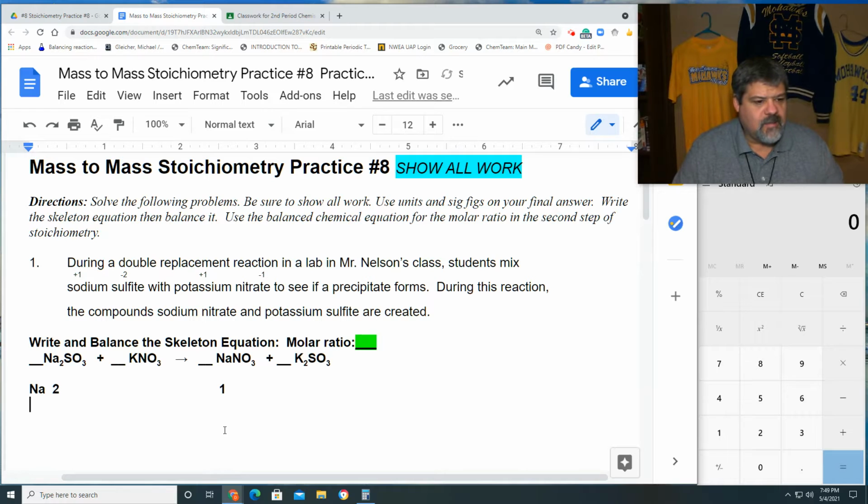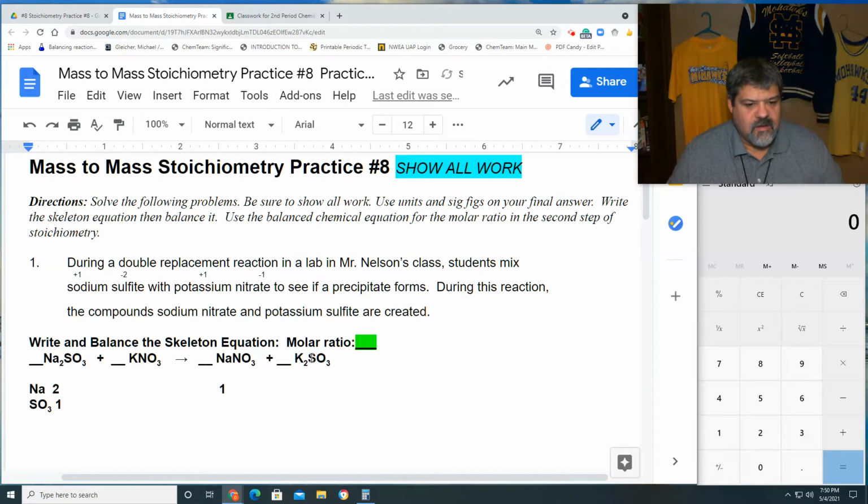And on the next element, we have SO3. Now, again, if I have SO3 here and SO3 there, we're going to do the same one. So it's going to be SO3. And on this side, we have 1 SO3.